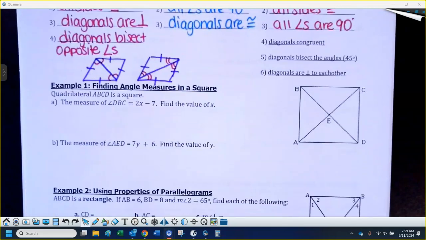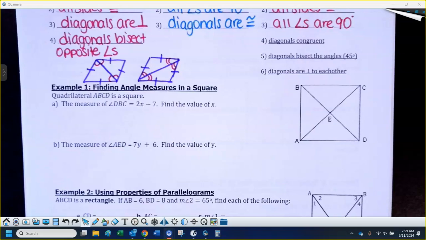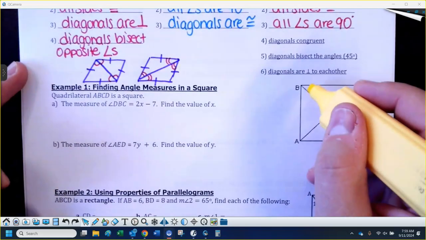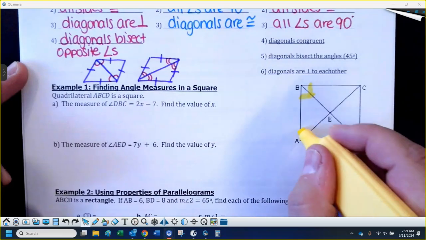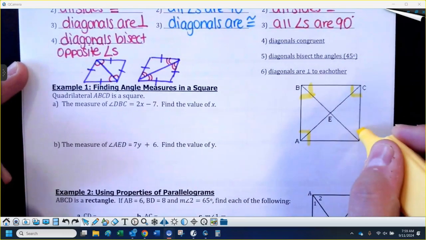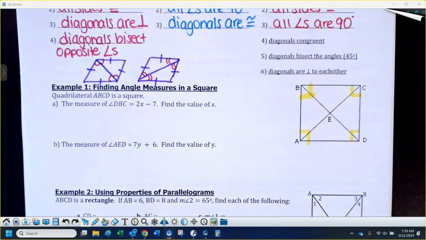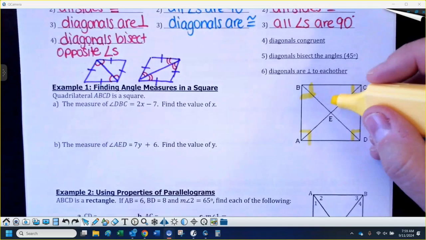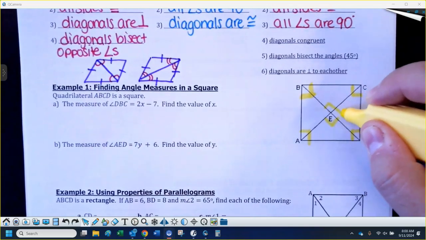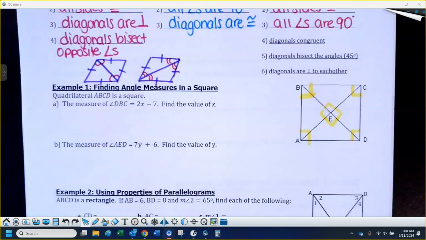So we're going to look at this first example just real quick here. Now, if I just have a plain square, like where your corners are, the entire angle here, that would be 90 degrees. Now, also, like the rhombus, the diagonals of the square intersect at 90-degree angles.